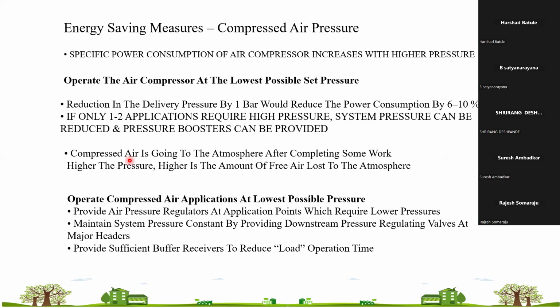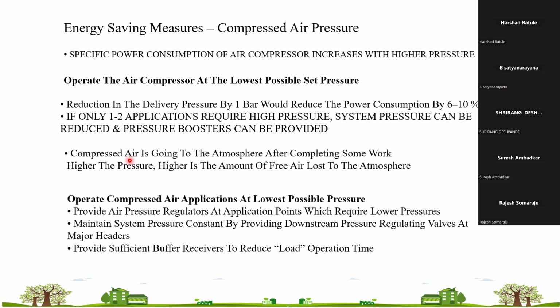If you have multiple air requirements, like 6 bar is one requirement, 8 bar is another, and 4 bar is another, you can segregate those pressure requirements. The 4 bar requirement is, let's say, for cleaning purposes, and 8 bar is for any kind of shot blasting equipment. So you can separate those two networks and connect two different compressors to the different networks.